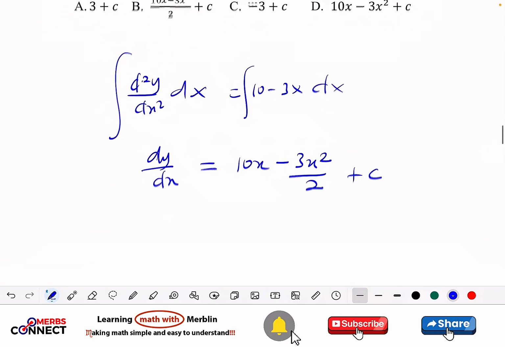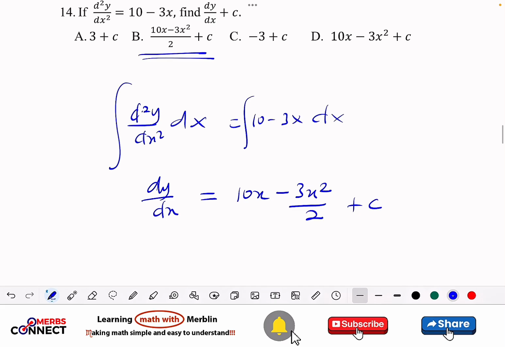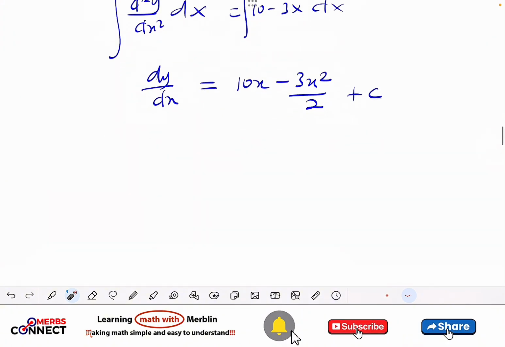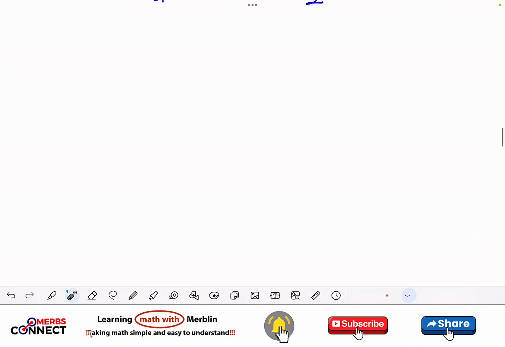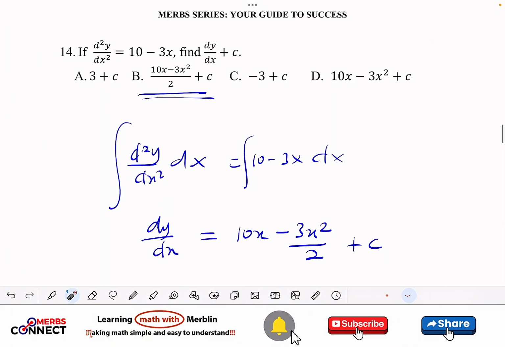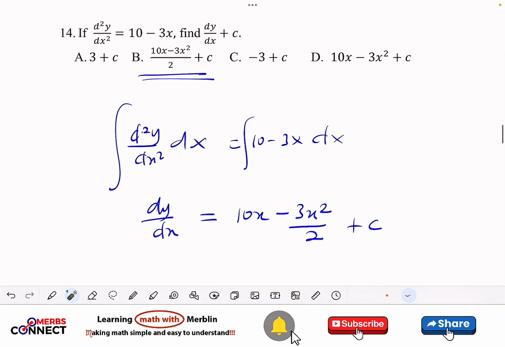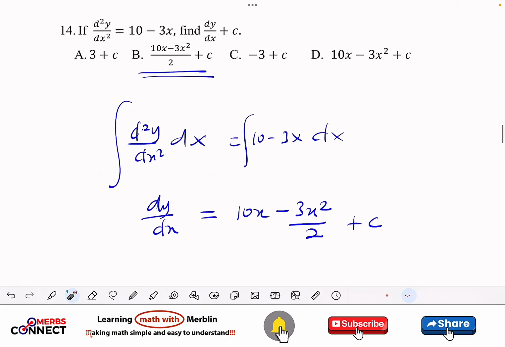So the answer is mostly like this one. We just need to differentiate this once and get what we have here. Now let's see what we are going to get from this. Let me try and see if there is a manipulation that we need to do from here. No, we cannot do any manipulation here. Okay.